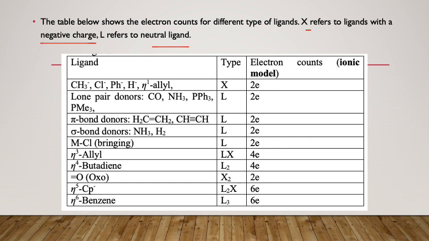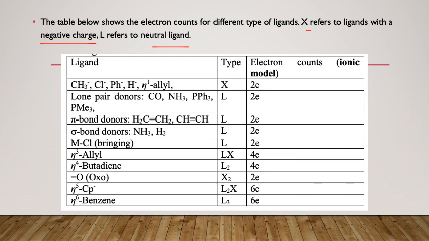You look one by one here. Benzene is a neutral ligand with 3 sites of attachment, and it has 6 electron counts. For cyclopentadienyl, it is actually both neutral and negatively charged.